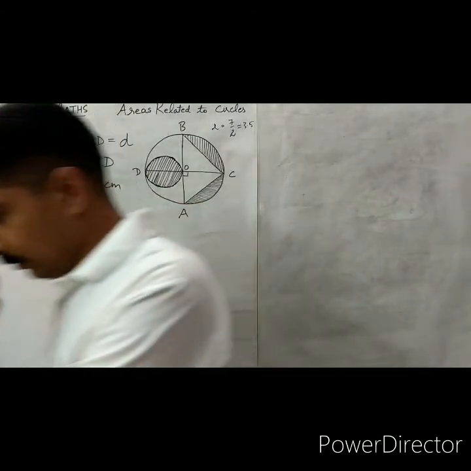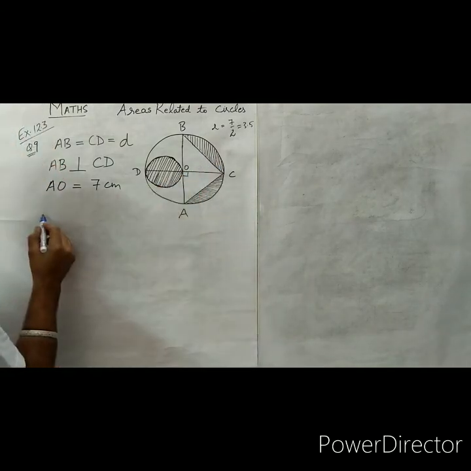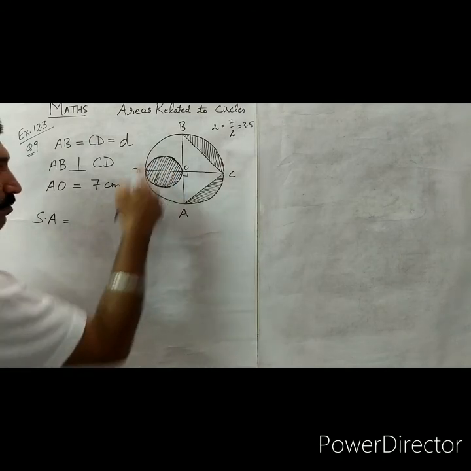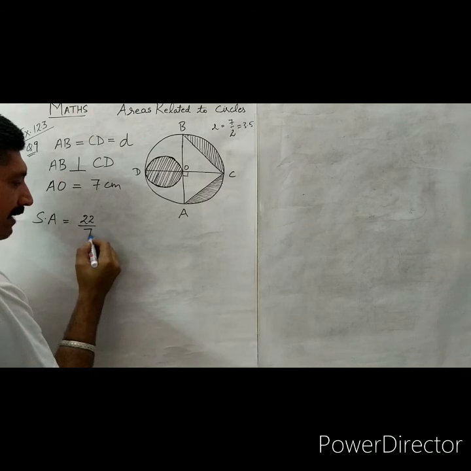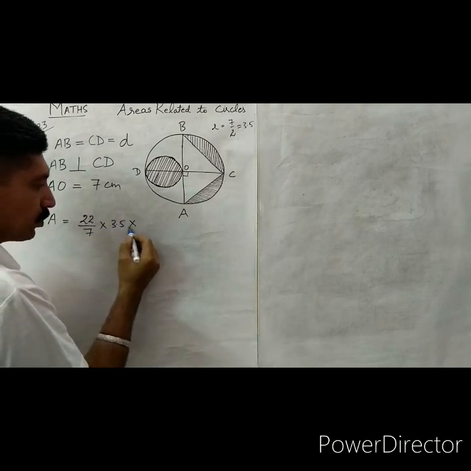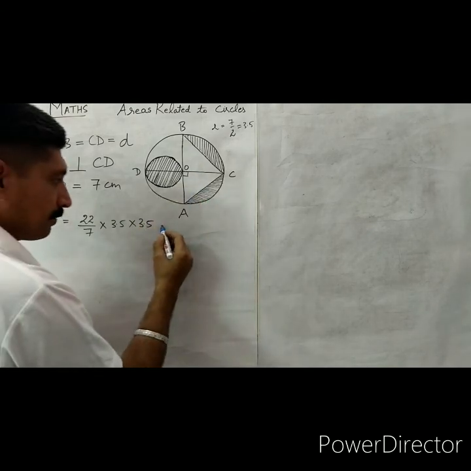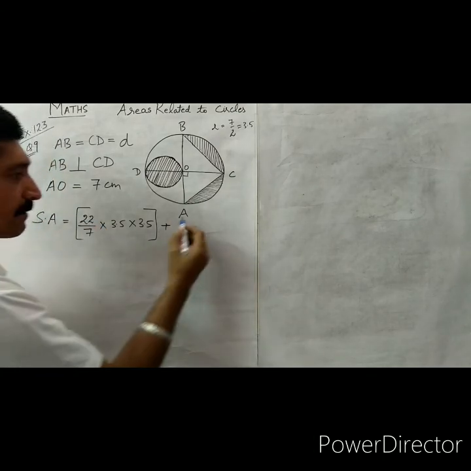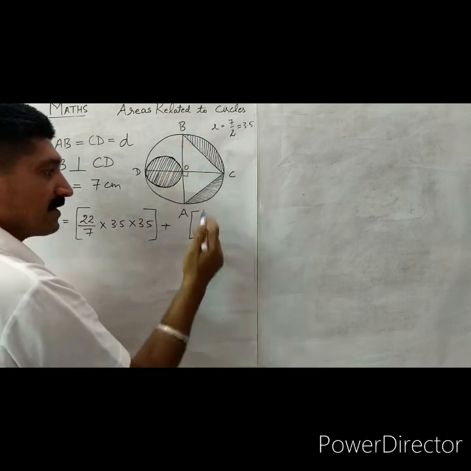So here we have the shaded area is equal to area of the smaller circle, that is 22 upon 7 into 3.5 into 3.5 plus, this is the area of the smaller circle, plus this shaded area is equal to area of a semicircle.